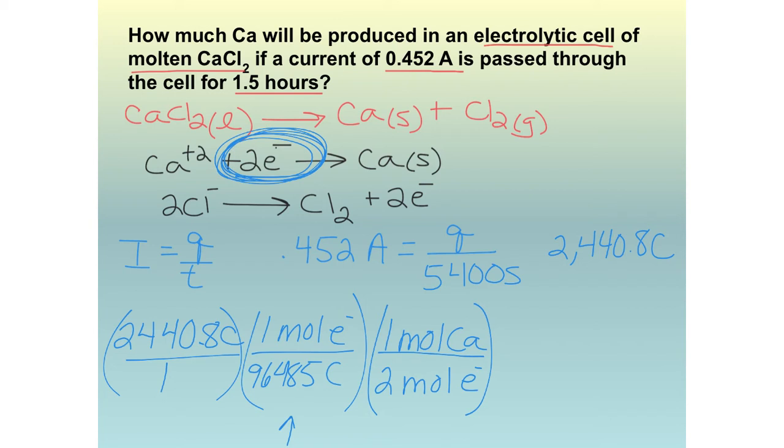So now that's going to have us at moles of calcium, but we were supposed to get grams of calcium. So then we multiply by the gram formula mass for calcium, which is about 40.1. And so then my coulombs would cancel, my moles of electrons would cancel, my moles of calcium would cancel, and I do all of my math, and that will give me my answer.